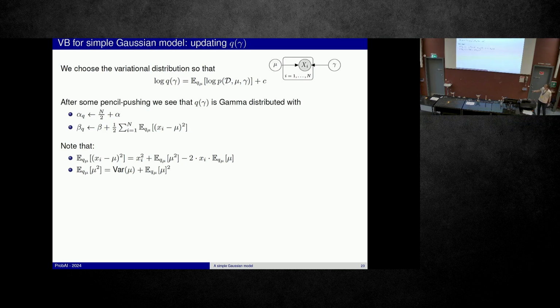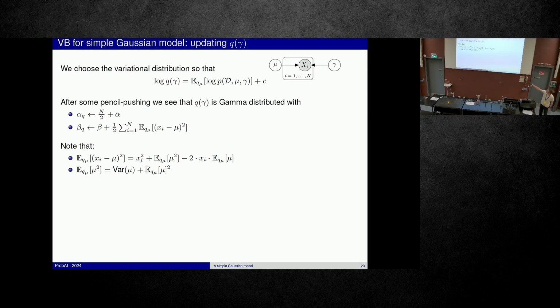And if you do that, then you'll find that the shape parameter for your variational posterior distribution will take this form here, n divided by 2 plus the shape parameter for your prior, and the same for the rate. You have this expression here giving you a rate parameter for your variational posterior.